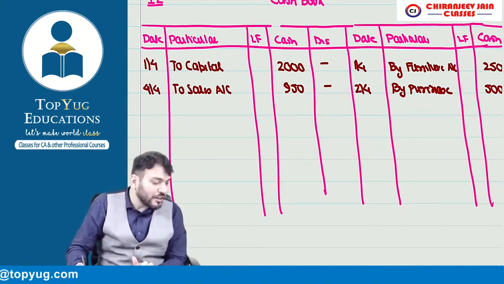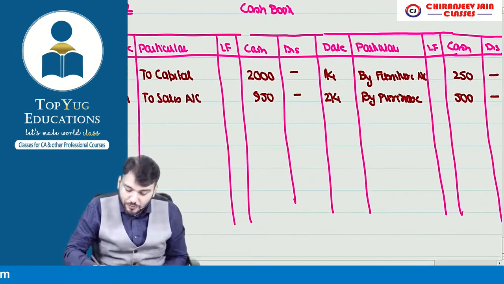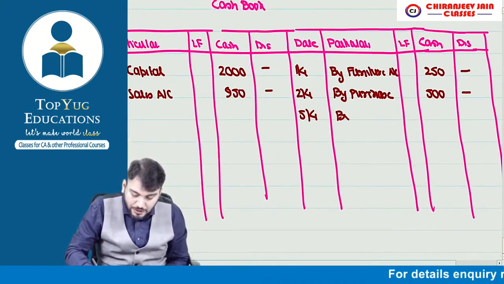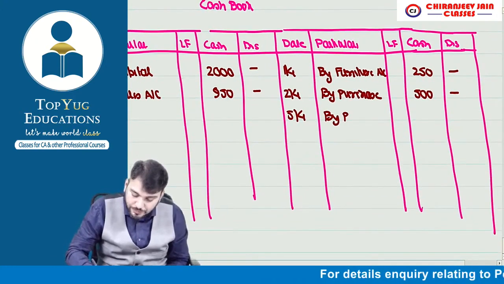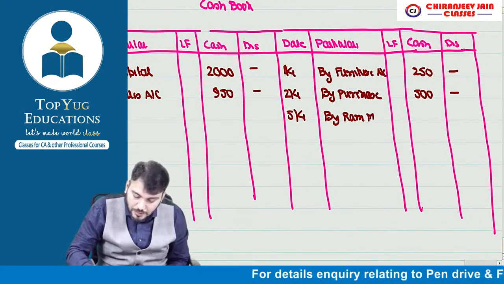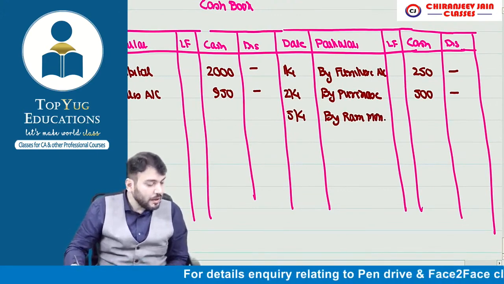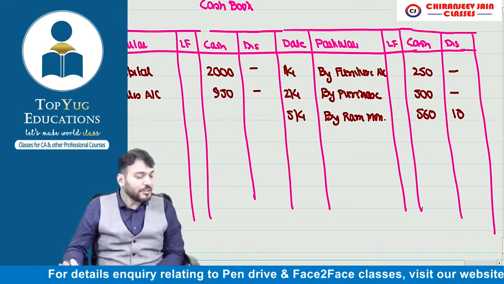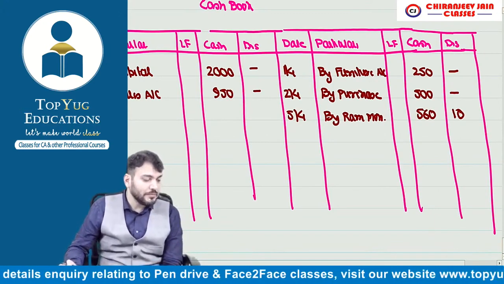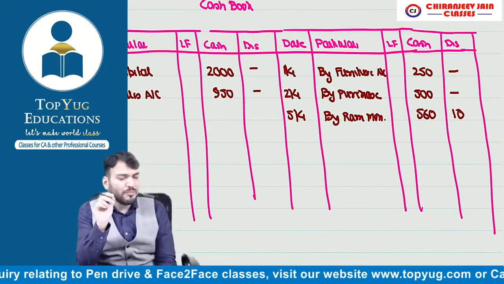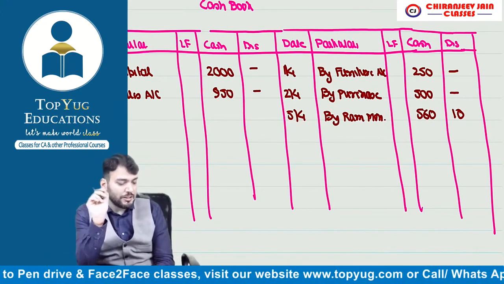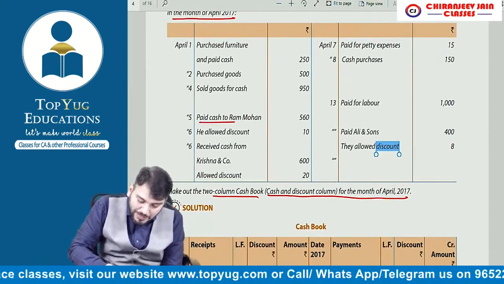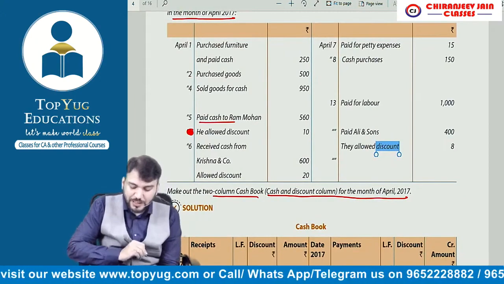So write 5th April, payment made by, to whom, Ram Mohan, how much paid 560 and how much discount 10. Understood? The date given in he allowed discount is a misprint, cut it, because these two transactions, paid cash and discount, are on the same day.